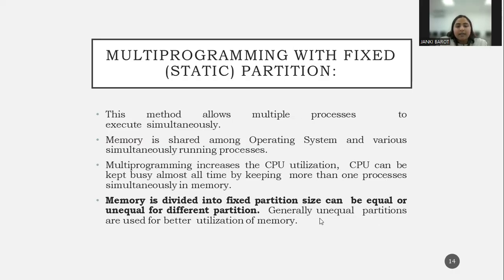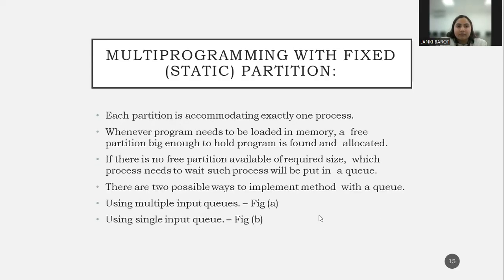Generally, unequal partitions are used for better utilization of memory, because some processes don't require much size for execution, right? Each partition accommodates exactly one process. Means in each partition, only one process will be there, right?